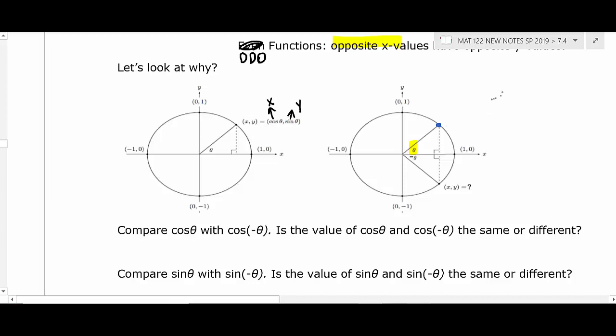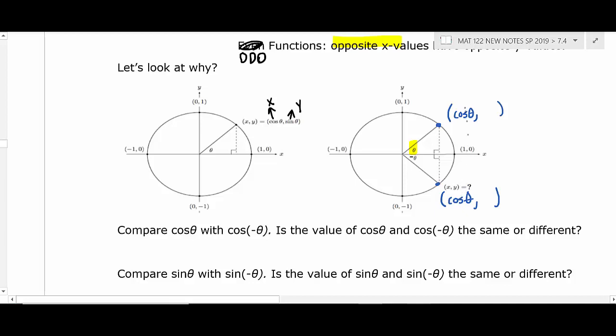So what would happen on this then is you would end up having this. And I'll just give you an example on the unit circle. Basically, your x value would be a cosine. So that would be the cosine theta. Well, if you look at this point down here, the x value is still the cosine theta. So if the angle became opposite, then the x value stayed the same.